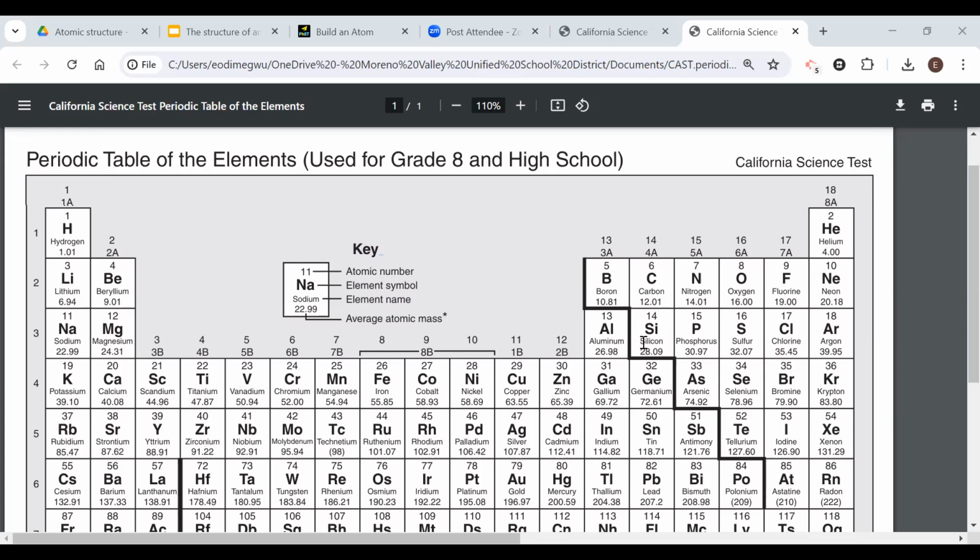They're the same. So if this is carbon, it has an atomic number of 6, then the number of protons is 6. So atomic number is the number of protons. If we say atomic number is 6, it means the number of protons is 6. It means the number of electrons is 6 because a neutral atom has an equal number of protons and electrons.